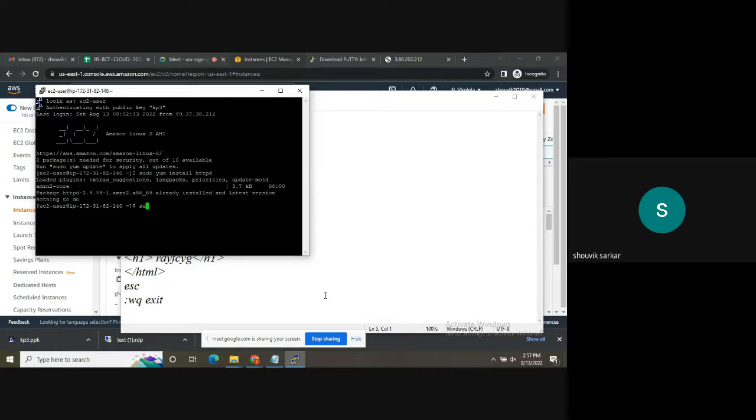So sudo vi /var/www/html/, then suppose instead of writing index, we write a.html.